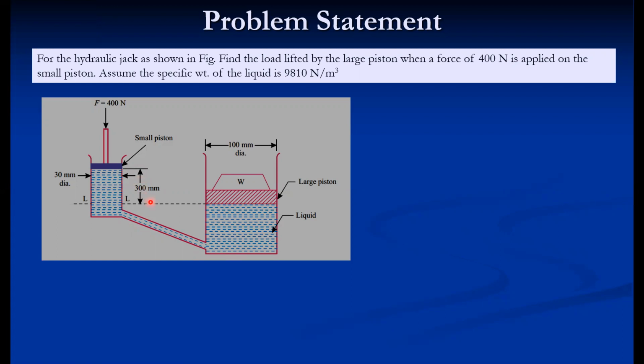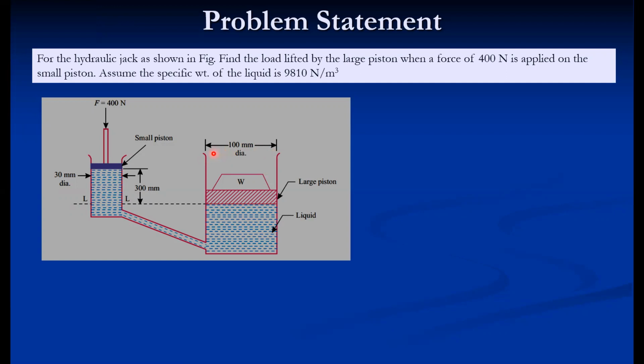The pressure acting here is 400 Newton on this small area, and that pressure is equally transmitted in all directions, but the pressure acting at the larger piston also includes the gravitational effect. So it lifts that weight. We have to calculate the weight, that is the load lifted by the large piston.